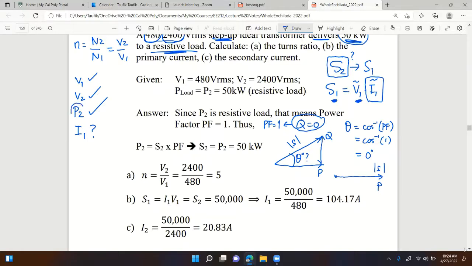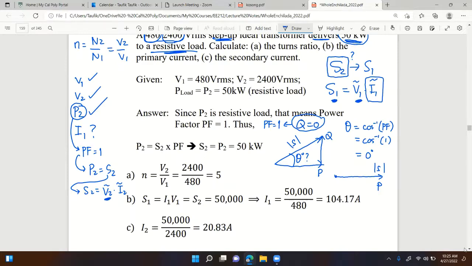So that's how I get S2. Since I know P2, and I know that power factor is equal to 1 because it's purely resistive, that means P2 is equal to S2. And then what is S2 equal to? S2 is equal to V2 RMS times I2 RMS. Do I know V2?